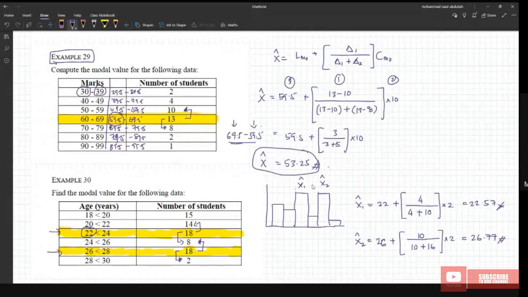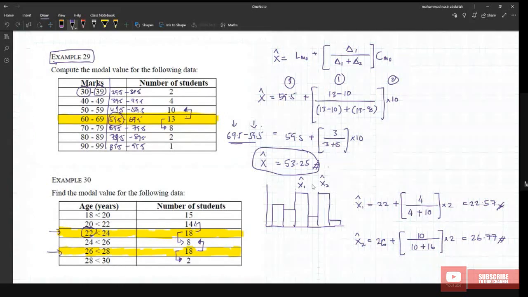So the value of mode should lie between 59.5 and 69.5. So it should be equal to 59.5 plus 3 divided by 8 multiplied by 10. It should be 63.25. Yeah, you're correct.